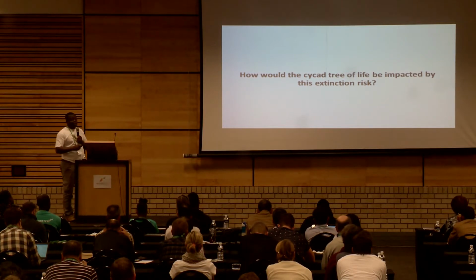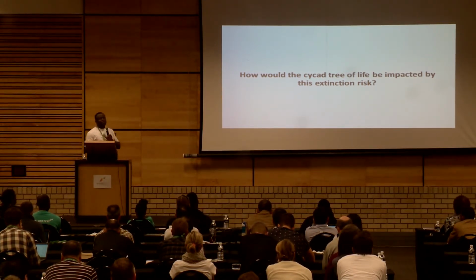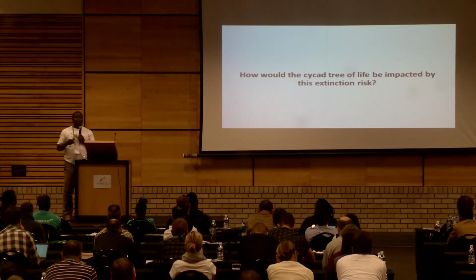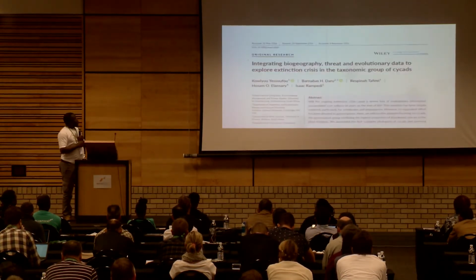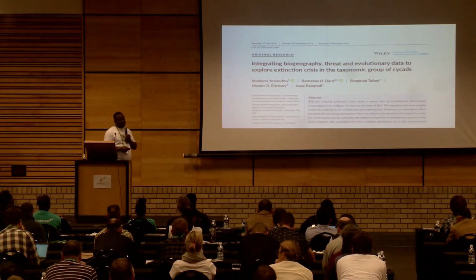Now, the question is, if 65 species, roughly 70% of Cycad species, are threatened with a high risk of extinction, how will this impact the evolutionary diversity accumulated on the Cycad tree of life? So this is part of the key messages that we put across in this paper that we also published this year in Ecology and Evolution.